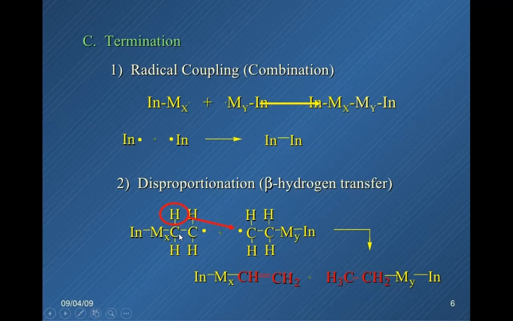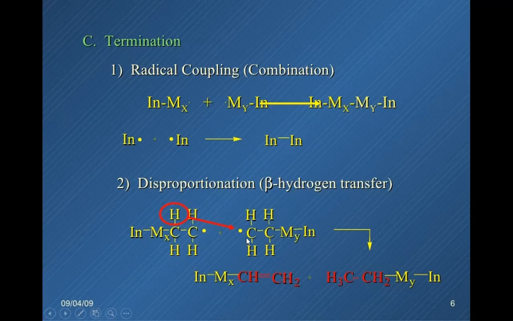So this is a beta carbon, and this hydrogen is called the beta hydrogen. It gets transferred to this carbon atom and forms a bond, leaving behind the initiator MX CH.